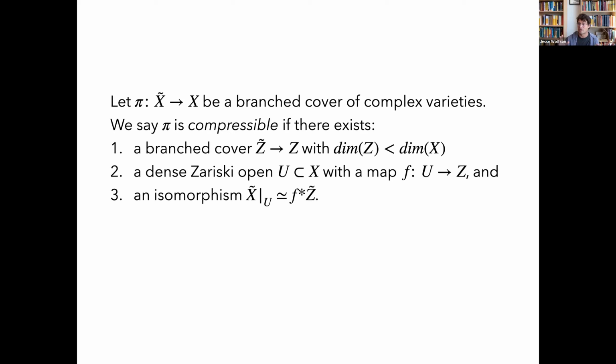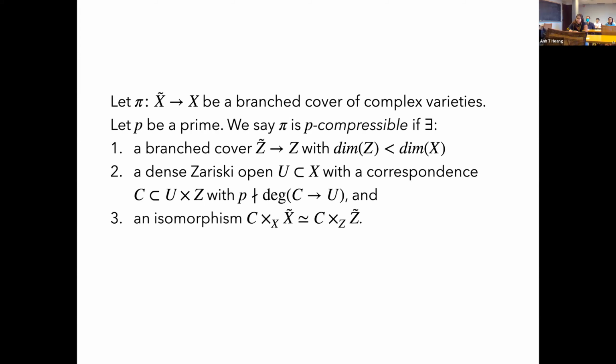So maybe after throwing out some bad locus, we find that we can recover our original branched cover as a pullback of something of much smaller dimension. And if so, we say that it's compressible, and all the data here is a compression.